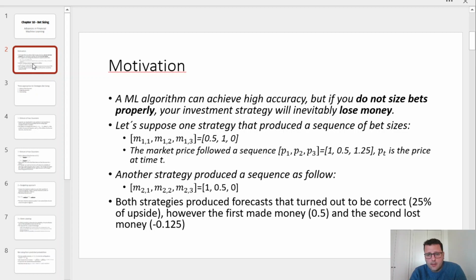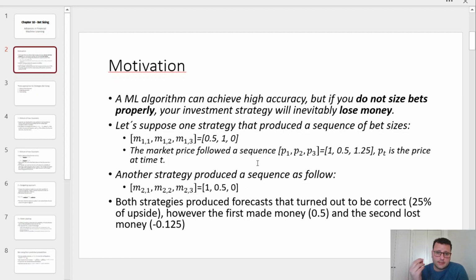And we have another bet size sequence, different from the one we started with, that produces the sequence 1, 0.5, and 0. So here we can see the difference between them. The first bet sizing algorithm brings us these two here, and the second brings us these two here.